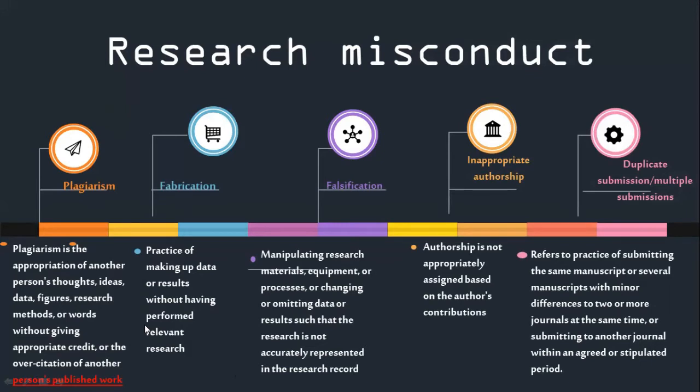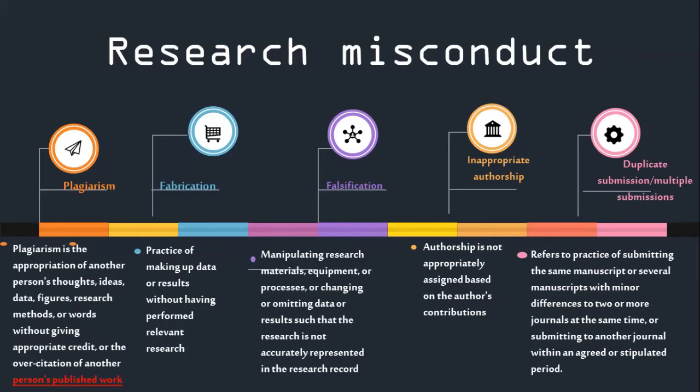Plagiarism means someone is using another person's thoughts, ideas, data, figures, research methods, etc. Any person can think anything. That does not mean that because Mr. X has thought something, Mr. Y cannot think it. Of course, he can think it.